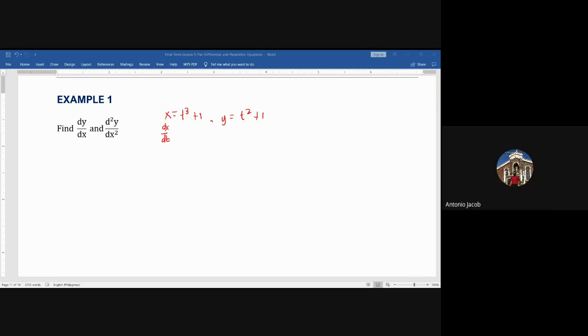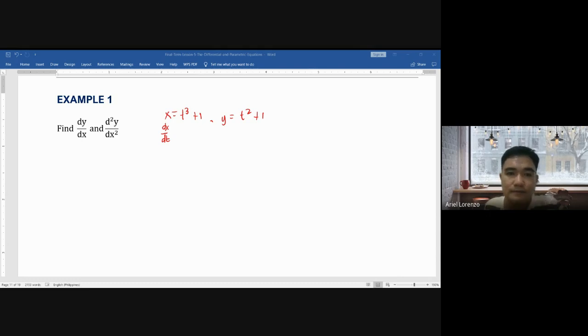Okay? So, what is the derivative of t cube? 2t squared. What is the derivative of 1? 0. Okay, you now have dx all over dt.